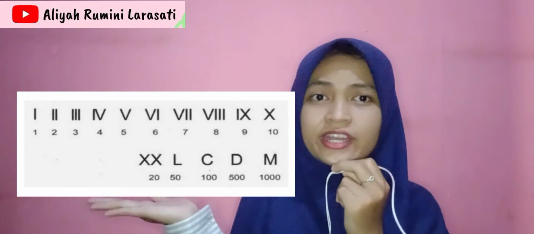In ancient times, the ancient Romans used a numbering system that was very different from the number system in today's era. Roman numerals only consist of 7 numbers with certain letter symbols where each letter symbol has a specific number meaning. This is the symbol of the Roman numerical system.